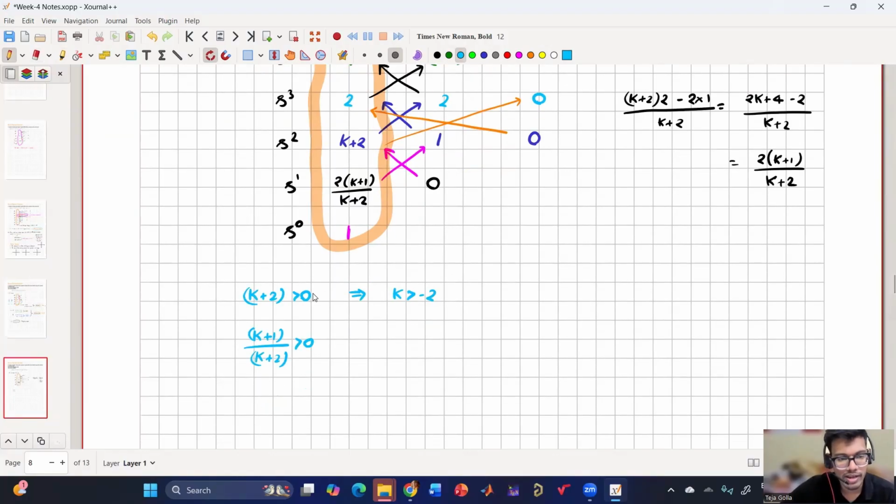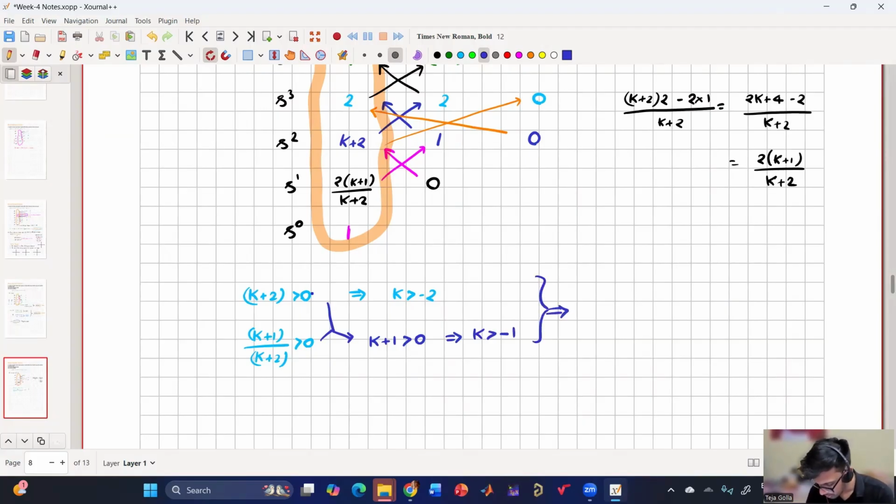If I combine these two, K plus 2 is positive, so the numerator also has to be positive. So K plus 1 should be greater than 0, which means K is greater than minus 1. So K greater than minus 1 is the condition for stability.